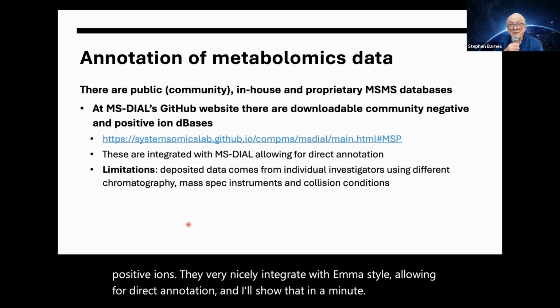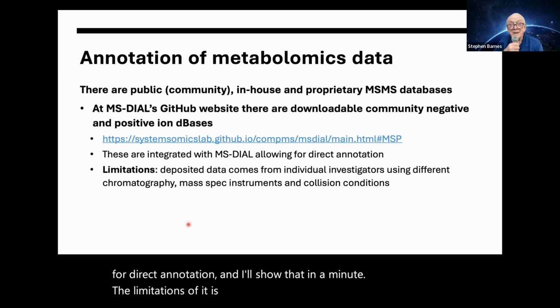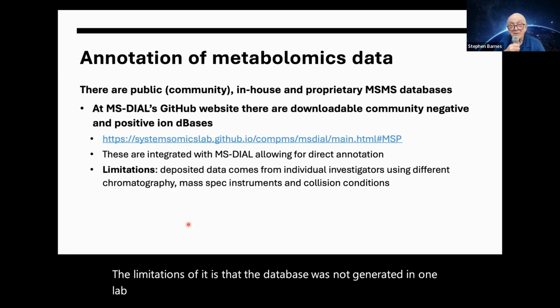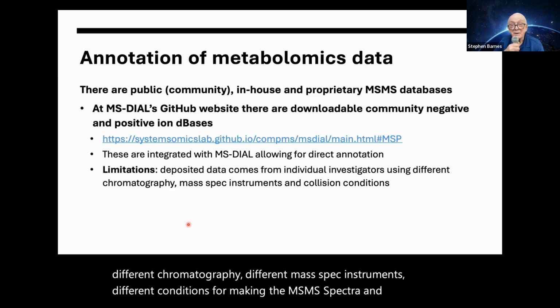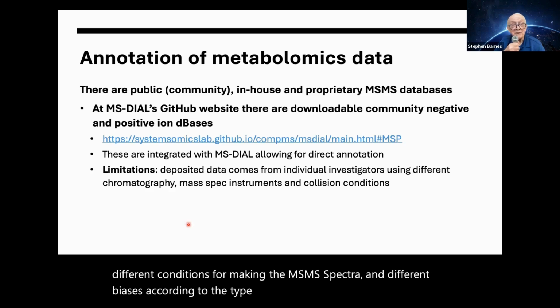The limitation is that the database was not generated in one lab or with a standard method. It came from investigators using different chromatography, different mass spec instruments, different conditions for making the MSMS spectra, and different biases according to the type of work that they wanted to do.